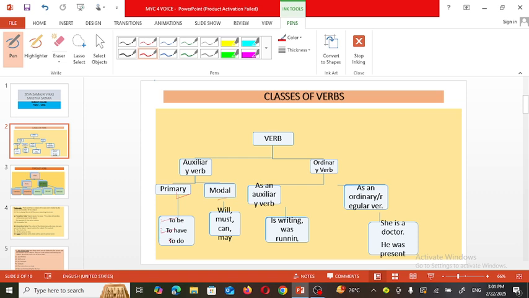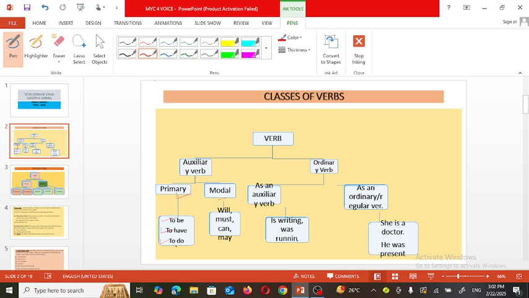To have means has or have in present tense, such as "I have a car. He has his own house." Have and has in the past tense is had. Do means do or does.